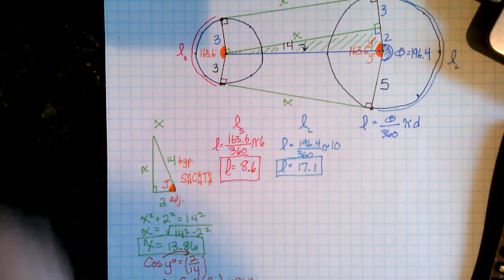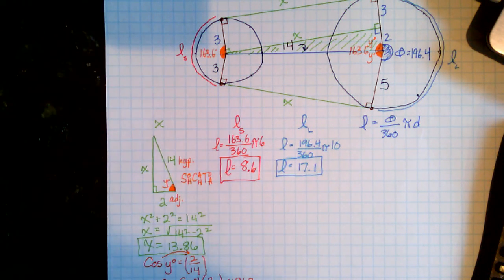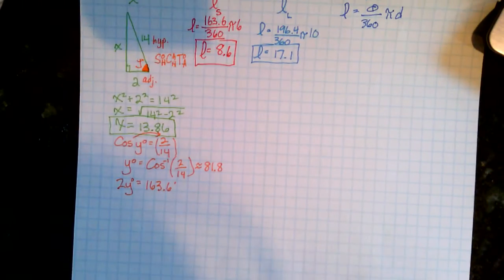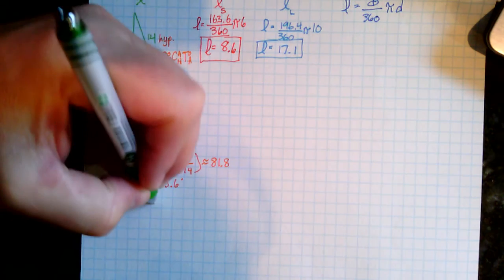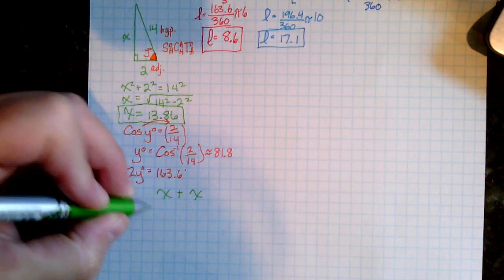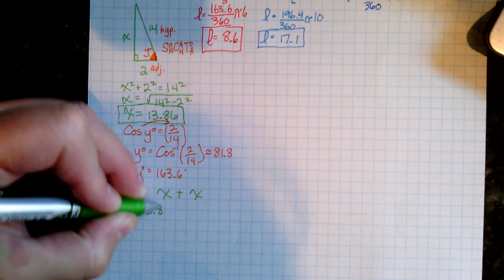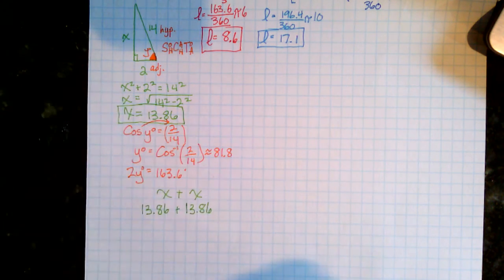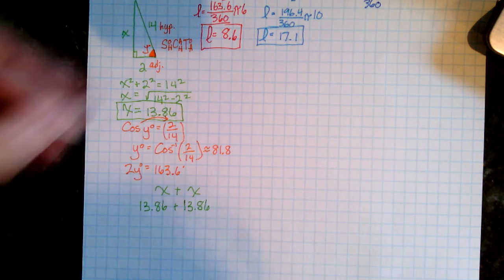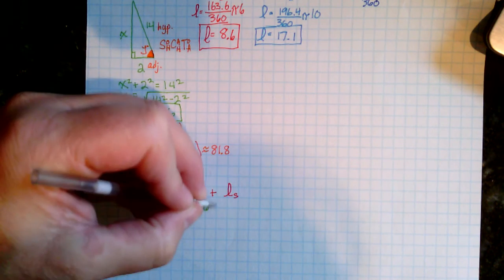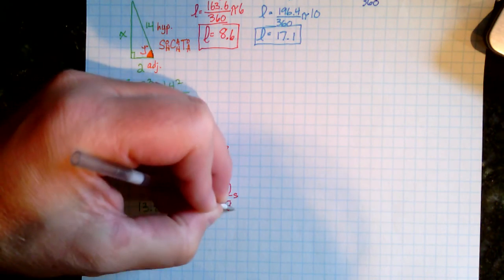So to find the total down here, you just add all of those parts up. You have x plus x, which is 13.86 plus 13.86, plus the length of the small arc, which we know is 8.6.